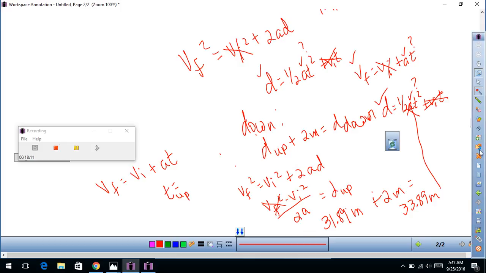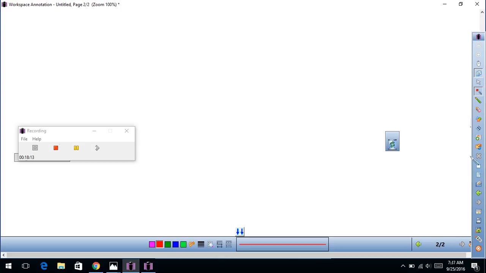All right, 12 and 13. So let's move on to 12 and 13. 12 says a car traveling 22.4 meters per second comes to a stop in 2.55 seconds. Find the skidding distance of the car. So I would do VF equals VI plus AT. And I would know that this is 0.